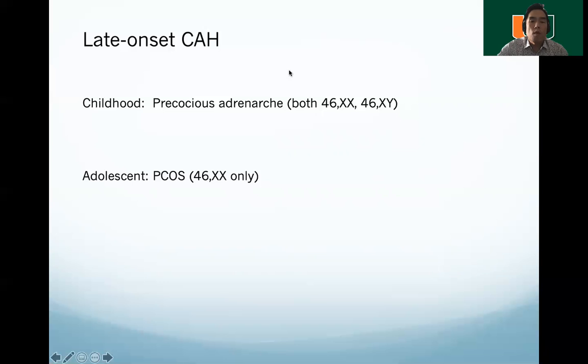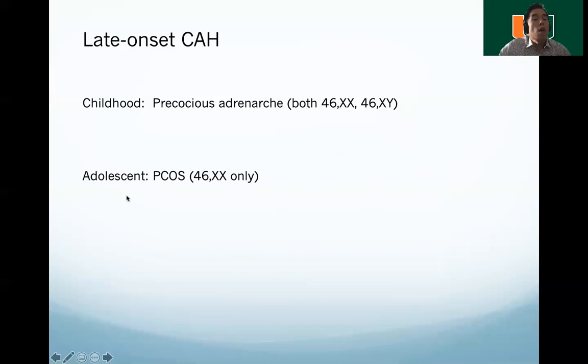Now, when we talk about late onset CAH, remember, go back to the slide about residual 21-hydroxylase activity. If you have a deficiency in 21-hydroxylase activity, but not severe enough to cause adrenal crisis, you present with signs of adrenarche, right? This is true in both 46XX and 46XY.